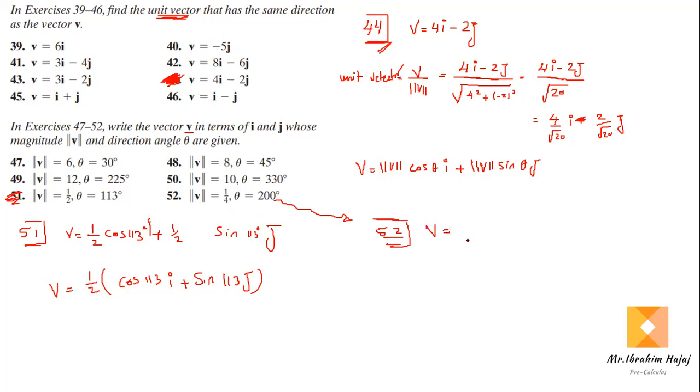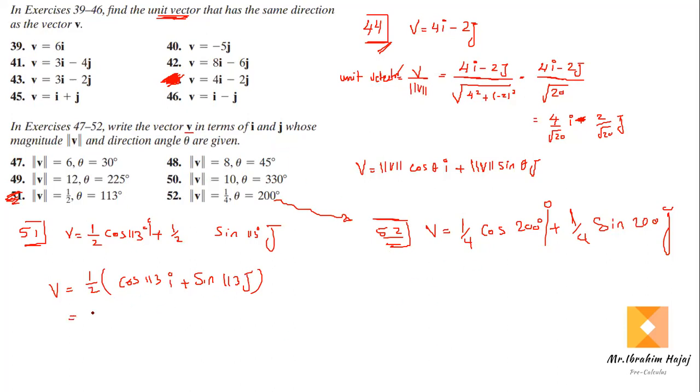So v equals 1/4 cosine 200 degrees i plus 1/4 sine 200 j.